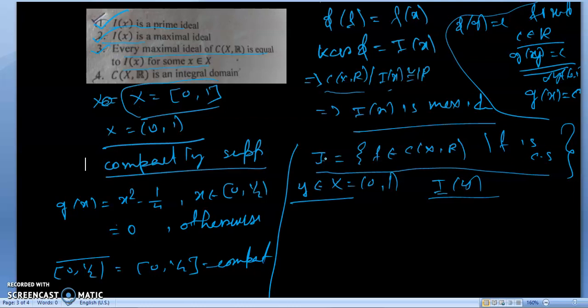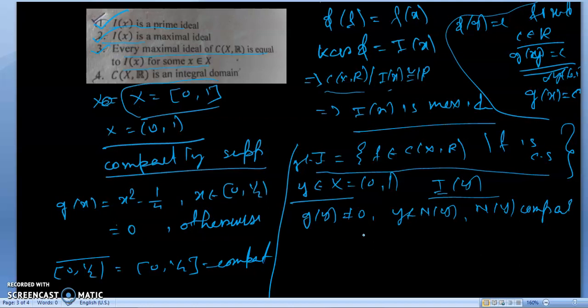We can prove this only if there is a function g in J which does not belong to I_y. So let's construct a function g, where g(y) is not equal to 0 for y in N_y, where N_y is a compact set.